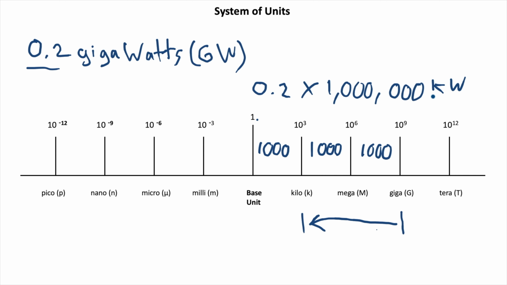That's what we want in our answer, so that goes in the numerator. And in the denominator, we were given gigawatt, so that goes in the denominator. And our answer here, if we multiply this, we get, you probably guessed it, 200,000 kilowatts. And that's our answer.